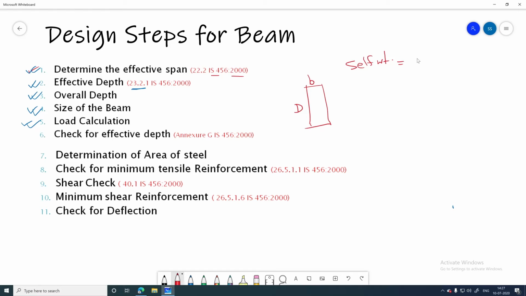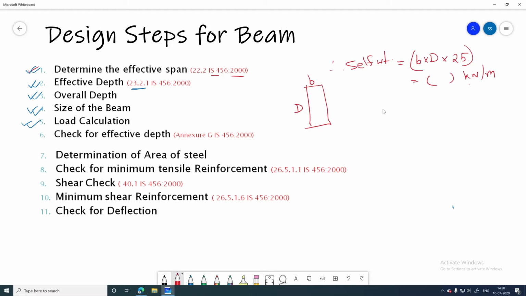The self weight would be nothing but b into d into 25, because you know that the unit weight of RCC is 25 kilonewton per meter cube. So whatever value we get will be in kilonewton per meter, because we are considering 1 meter length. If it is a 5 meter beam, you just have to multiply it by 5.